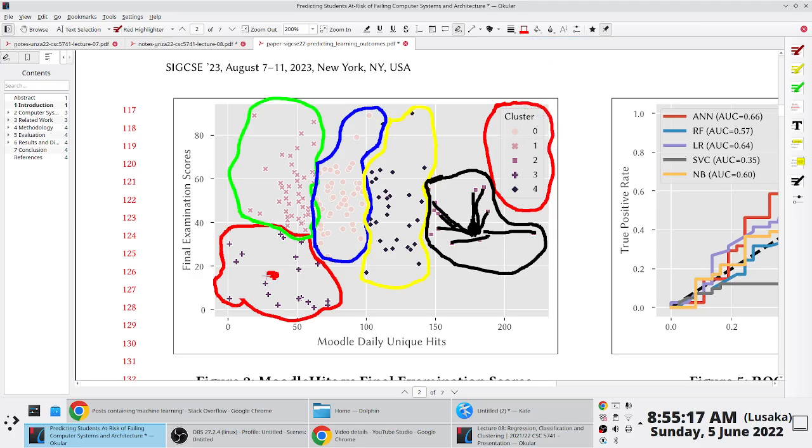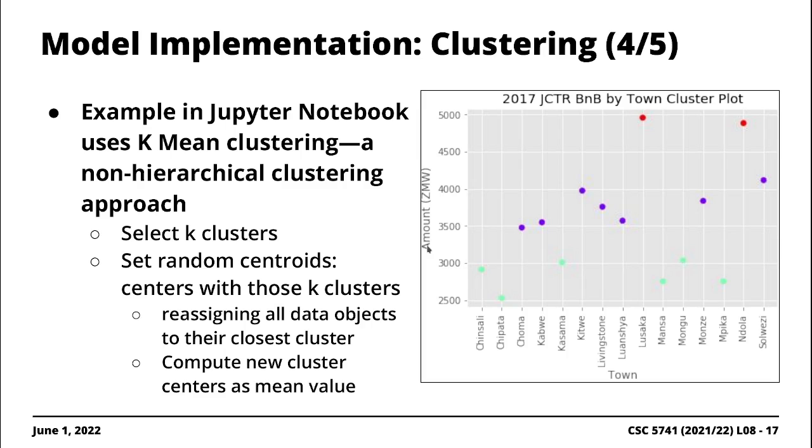Initially, when you set out, you just randomly assign centroids, then you continuously tweak the model until you get to an optimal configuration, which is the case we have here. So these observations would be associated with this centroid.